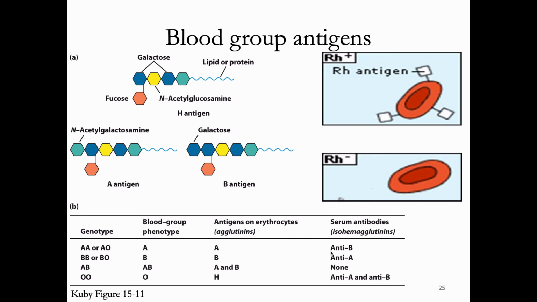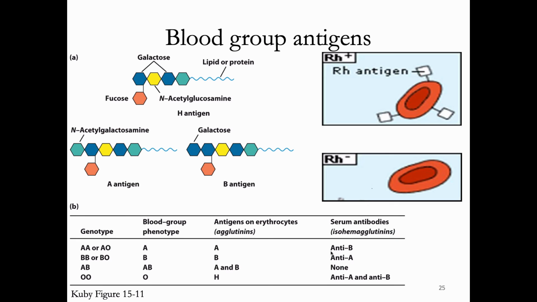So we have red blood cells. They have some sugars on them, and there are differences in what the terminal sugar is. So it can be galactose, it can be N-acetylgalactosamine, or it can be nothing. And that distinguishes between A, B, and O blood types.